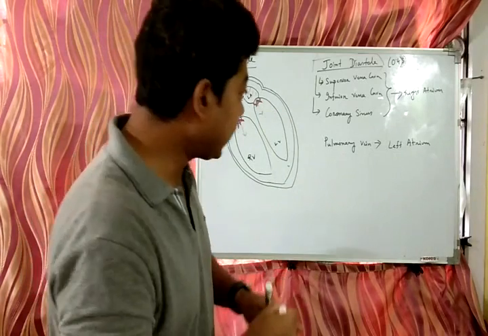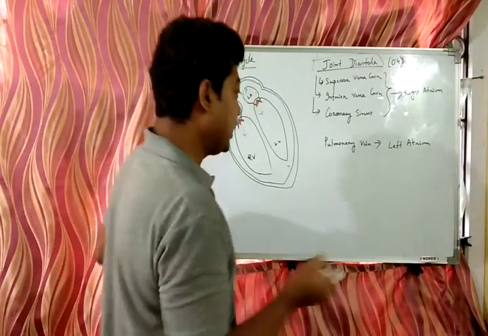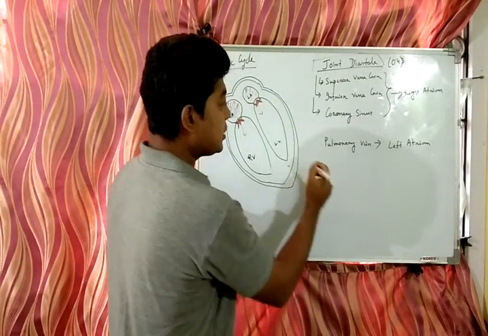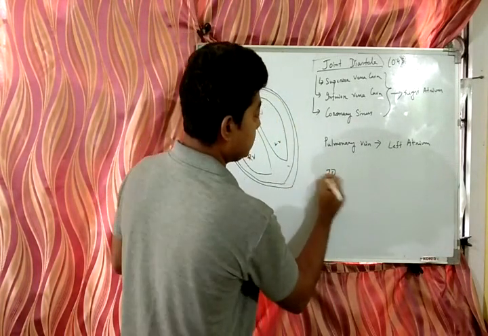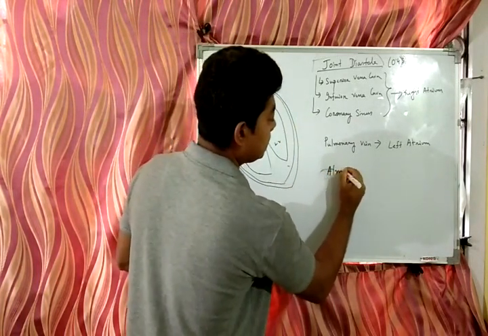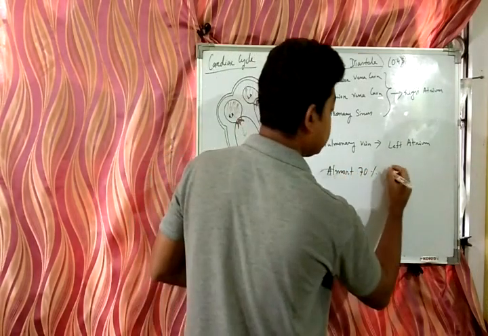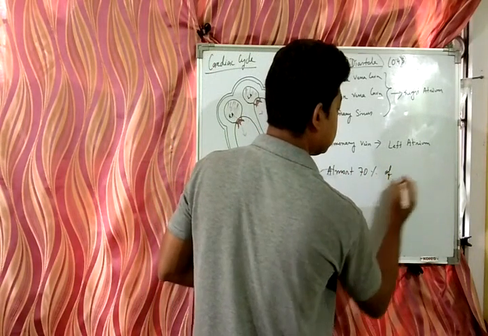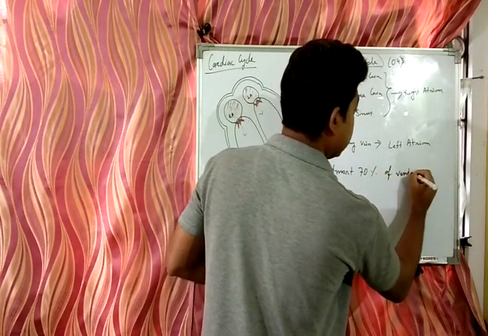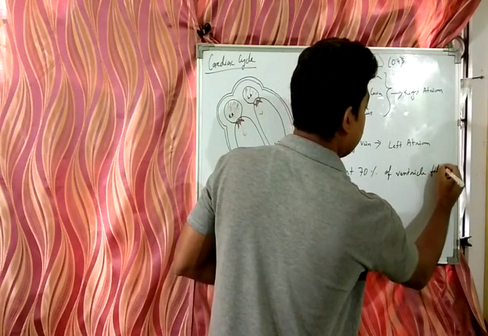During that time, almost 70% of the ventricle fills up.